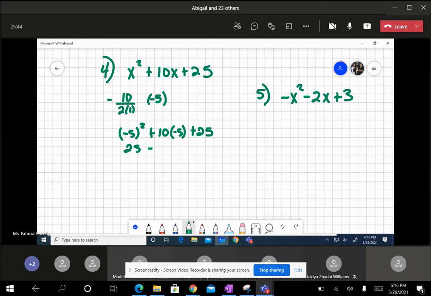So I've got 25 minus 50 plus 25, giving me a 0. Negative 5 and 0. My A is a positive 1, so I know that I am concave up. This is my minimum point of negative 5, 0.